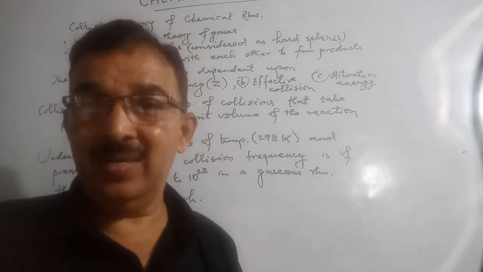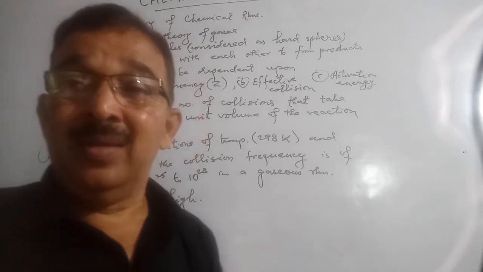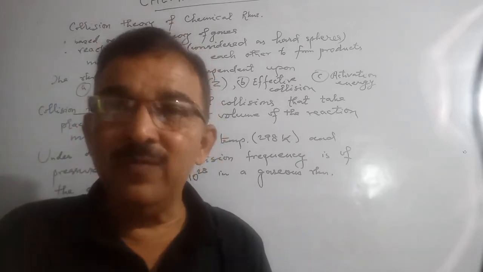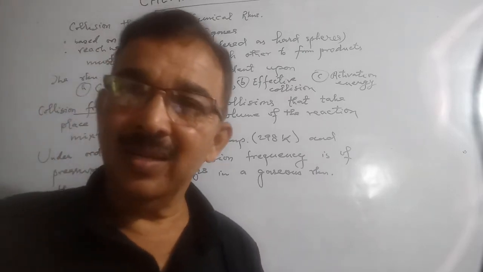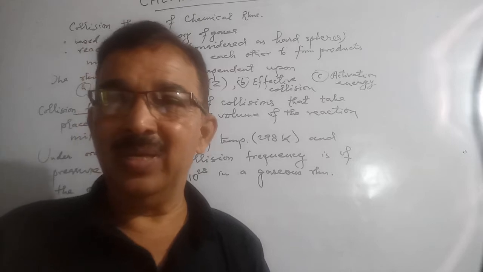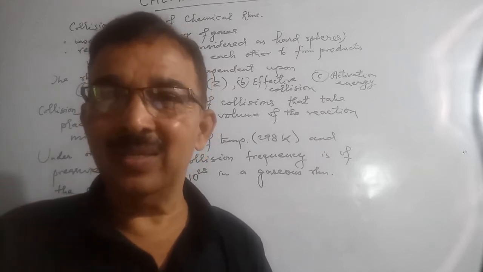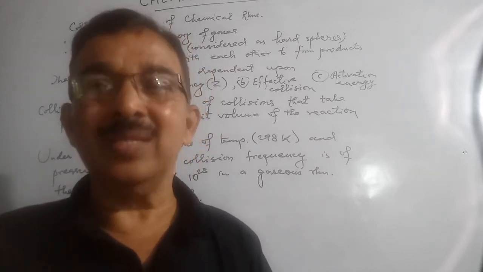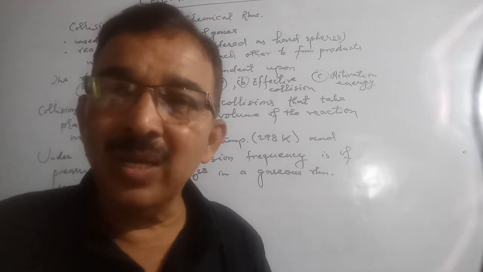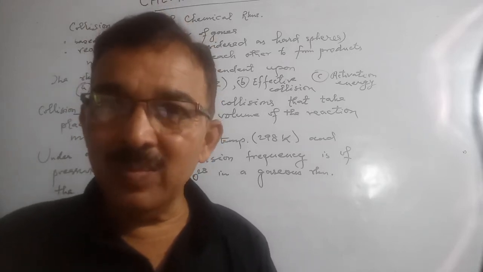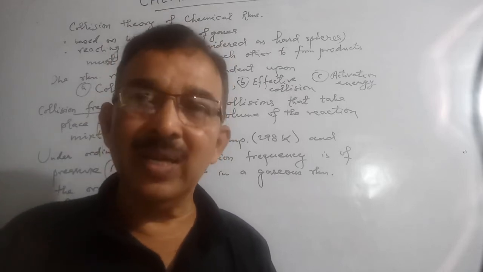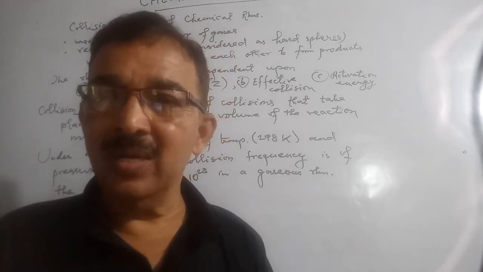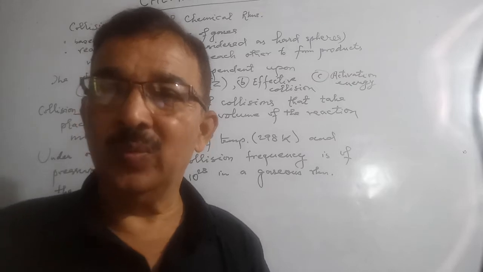This shows that the reactions are very fast or they are instantaneous. But in actual practice, most of the reactions do not take place under normal conditions of temperature and pressure, or if they do, the reactions are very slow.